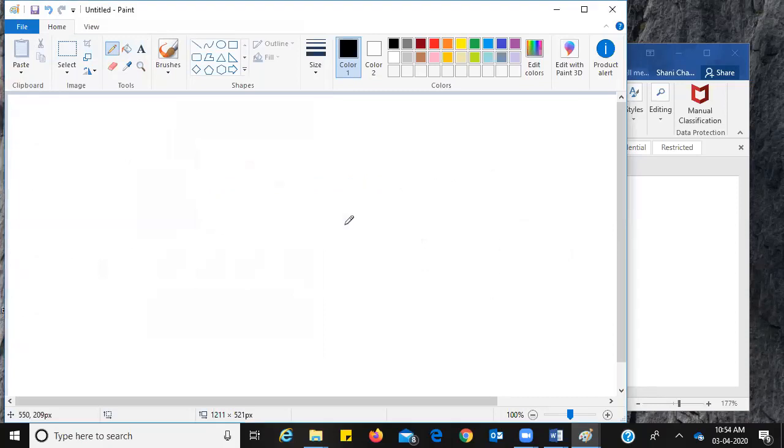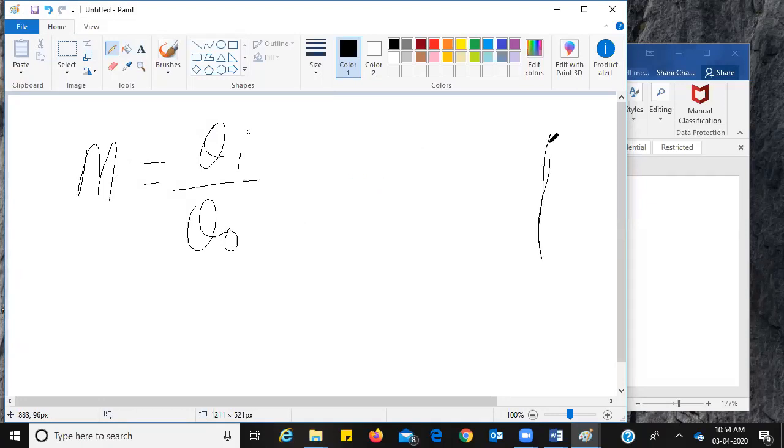Now, when you discuss theta I and theta O, theta will not be constant for every point. I have an object here, and the linear size remains the same, but the angular size depends upon where you take the distance.